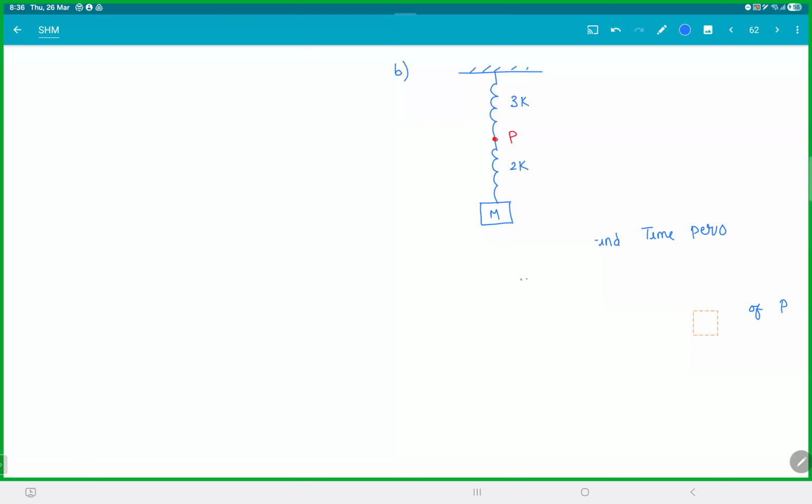So how to get the k equivalent here? K equivalent will be 3K, 2K: 3K into 2K by 3K plus 2K, 6K by 5. The time period is 2 pi root over 5m by 6K.